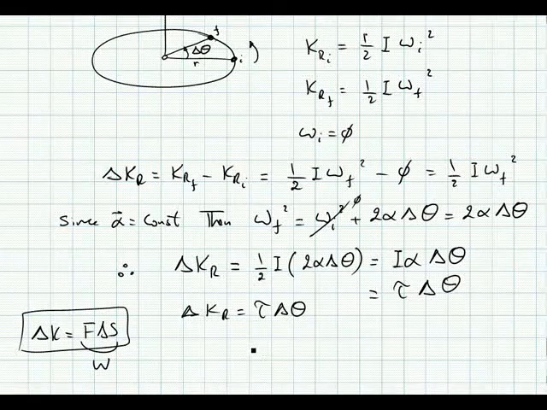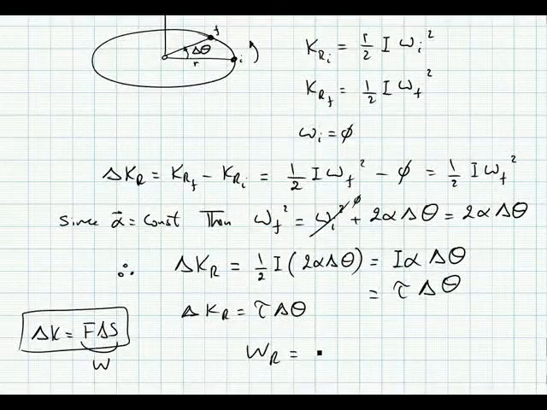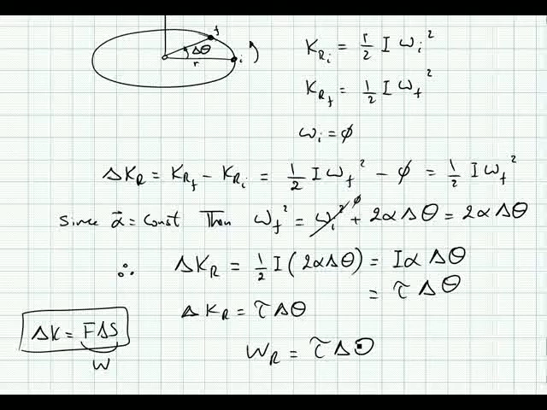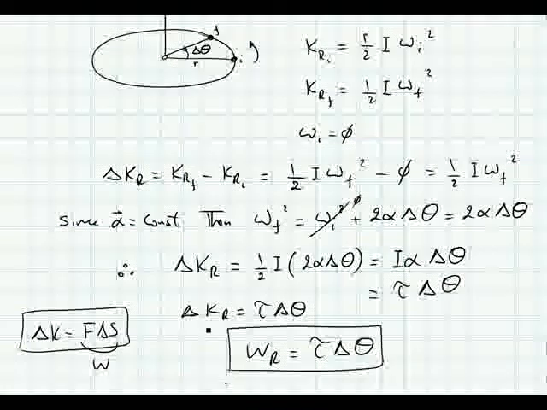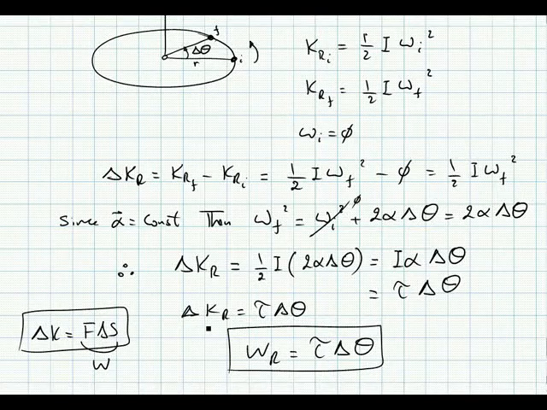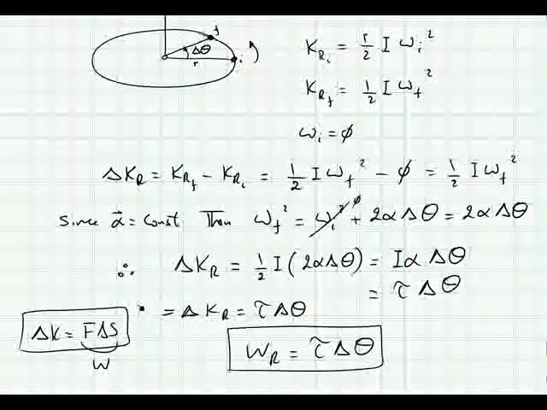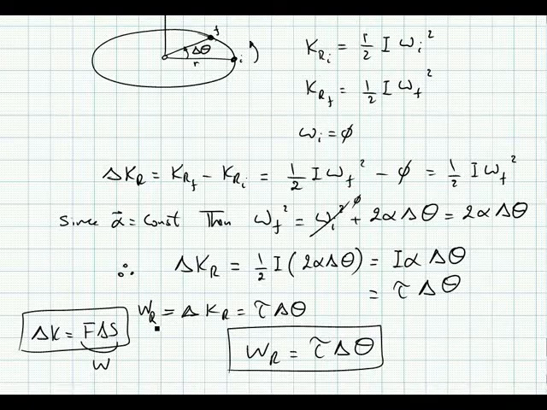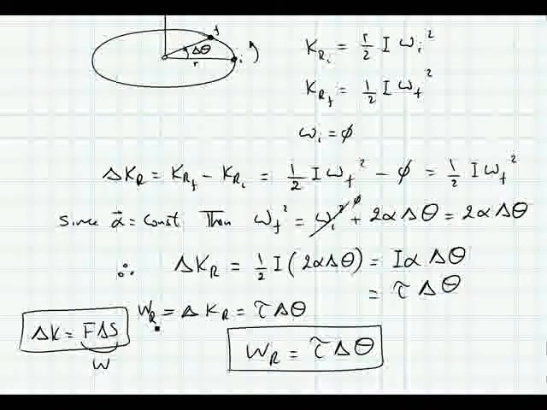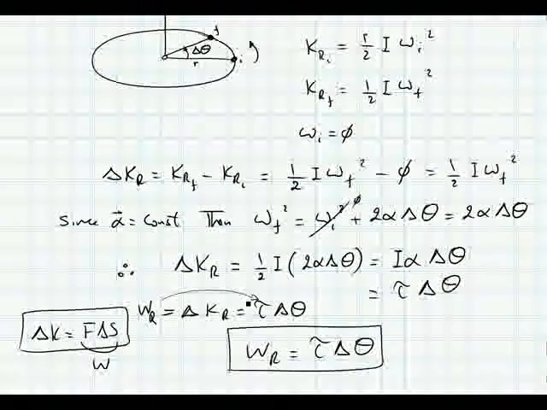So we can therefore say that the rotational work done by torque on an object is equal to torque times the angular displacement. Since the work energy theorem tells us that the change in rotational kinetic energy must equal rotational work done on the object, rotational work done on an object is given by the torque acting on the object times the angular displacement.